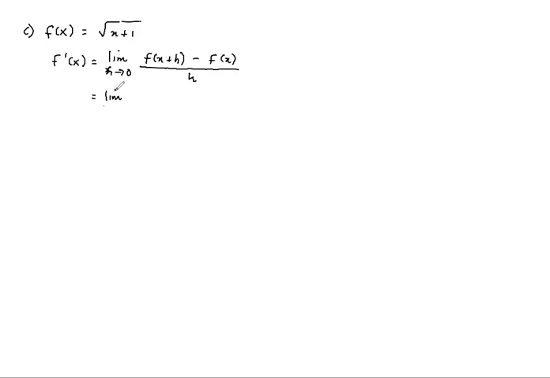which is the limit as h goes to 0. F of x plus h, this is the square root of x plus h plus 1 minus the square root of x plus 1 over h. Then you rationalize the numerator so that you extract the h.